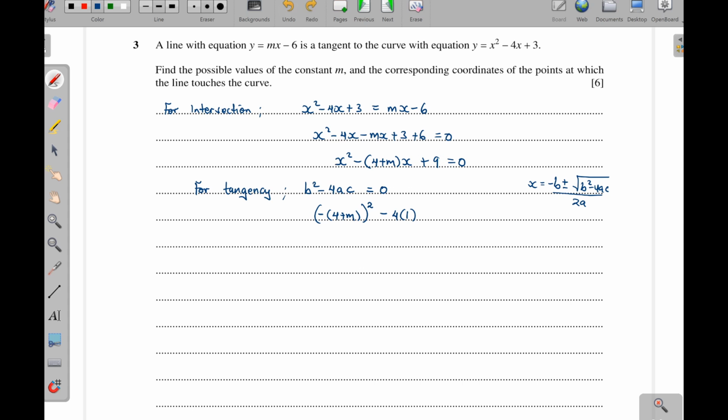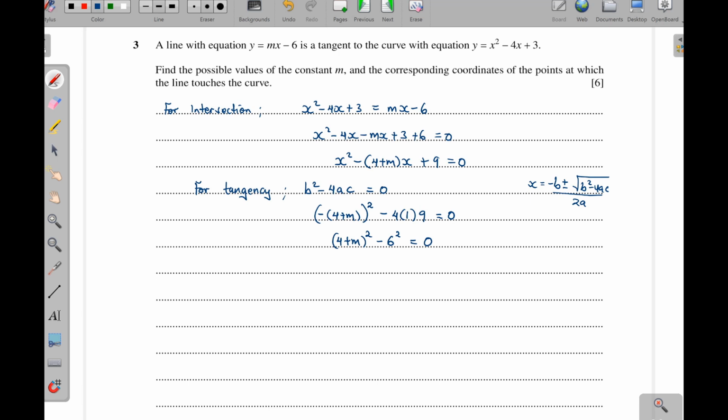And then this one here is a 9, which is equal to 0. Now, when we square here, you square the negative, it goes, not so? Then you square this 4 here, you get 16, or I can actually just leave it here like this, and I say 4 plus m squared. And then 4 times 9, that is 36, which is the same as 6 squared, not so, which is equal to 0.